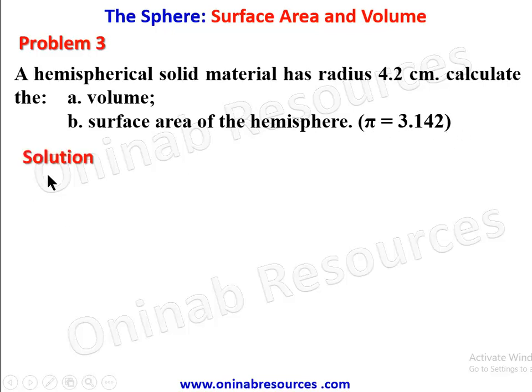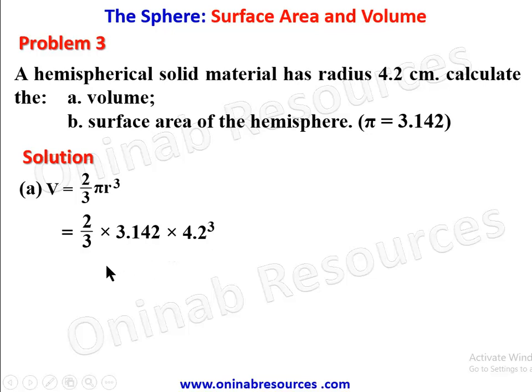And starting from A part of the problem, we know the volume is 2 over 3 pi r cubed. And our radius here is 4.2. Our pi is 3.142. Substituting this into the formula, we have 2 over 3 times 3.142 times 4.2 cubed.